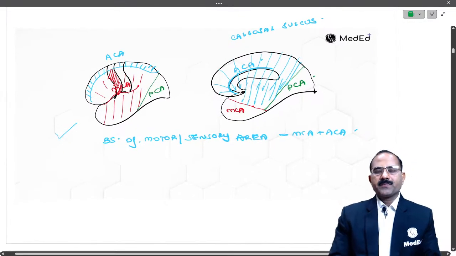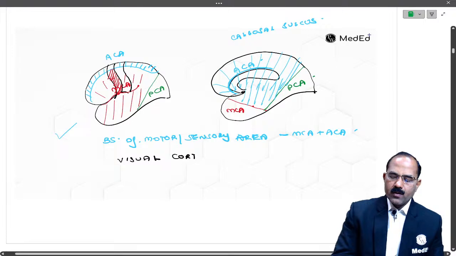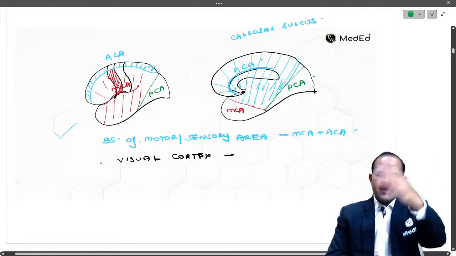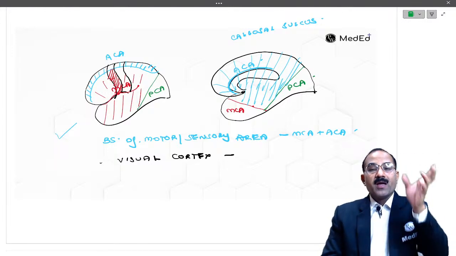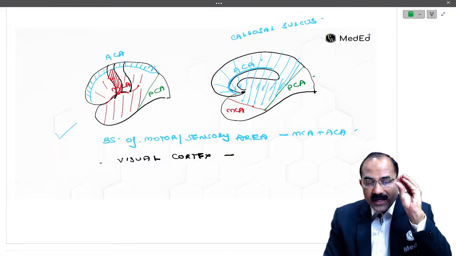Perfect? And the blood supply of the visual cortex or the occipital lobe. One thing comes to our mind, the visual cortex is supplied by whom? Posterior cerebral. Okay, so what do students write? Posterior cerebral artery. But understand this, in the visual cortex there's an area of fine vision.